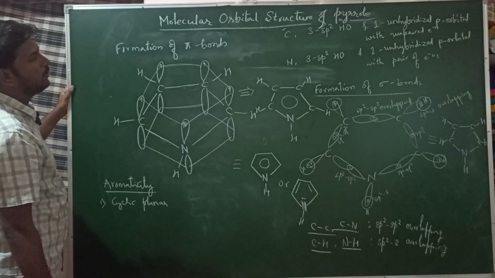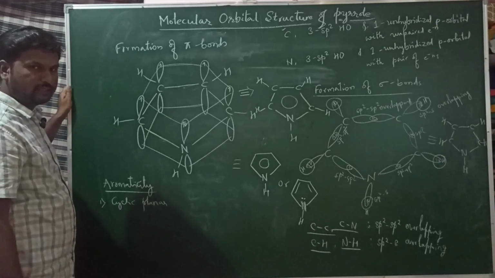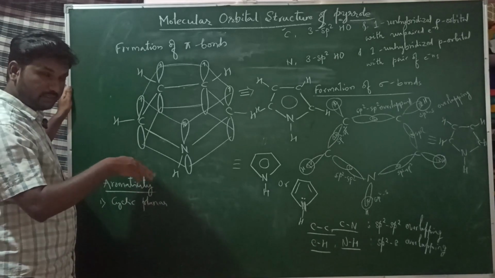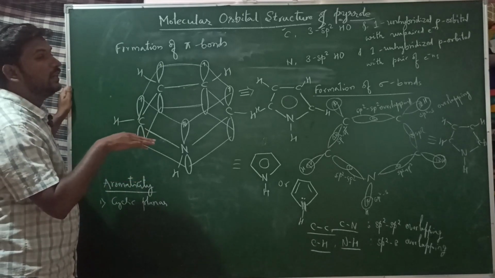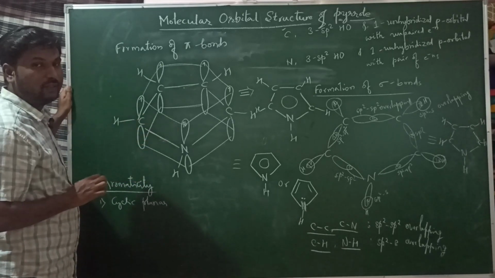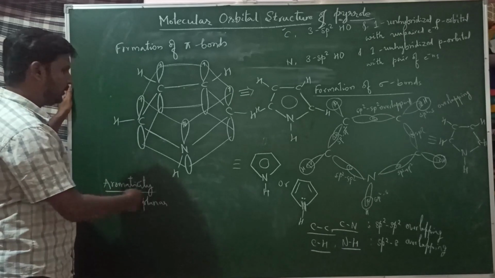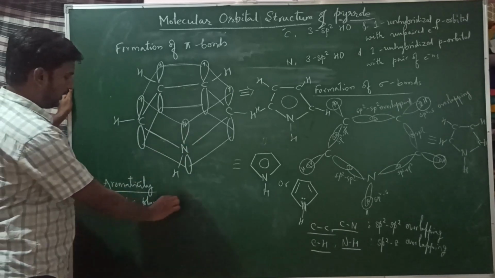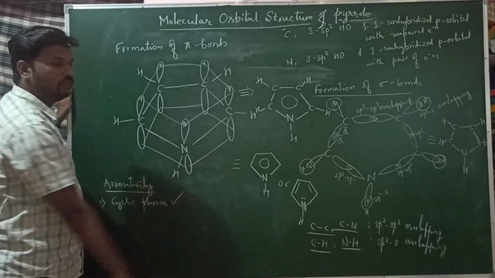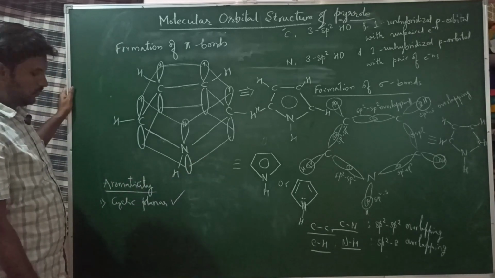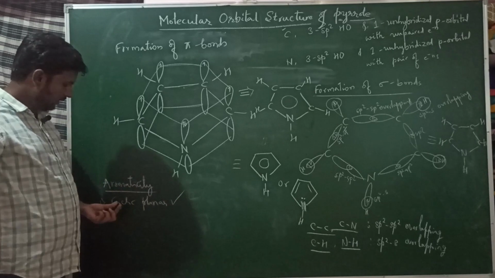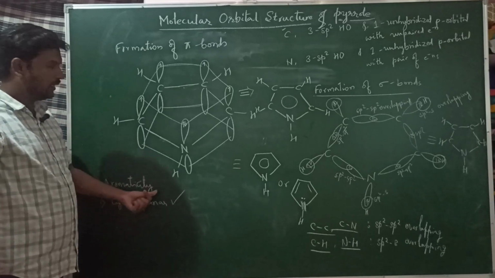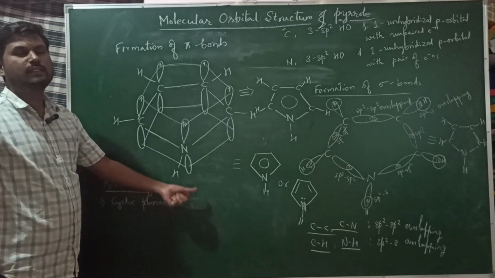Pyrrole has sp2 hybridization, so it has a trigonal planar structure. All sp2 hybridized orbitals give a planar structure, hence it fulfills the first criteria. So you should write completely: pyrrole is a cyclic planar structure.